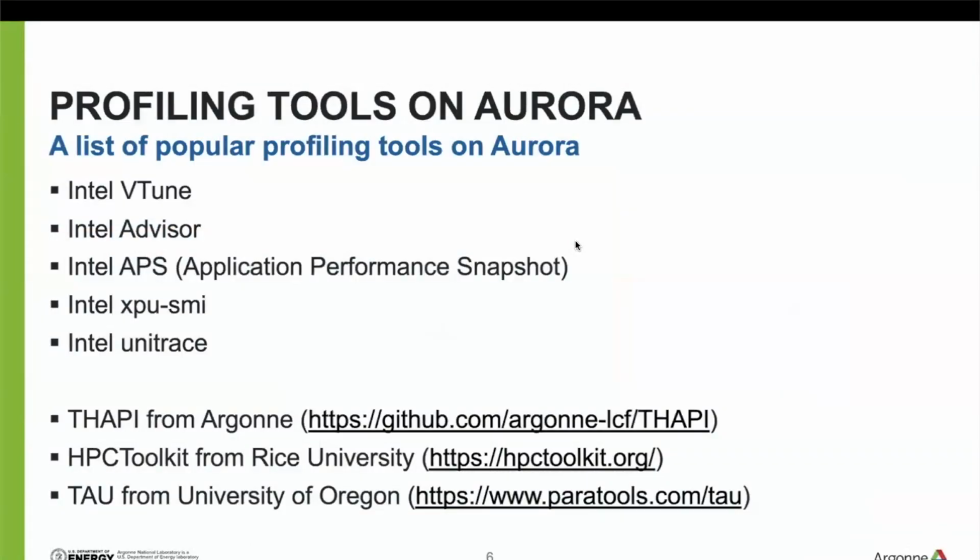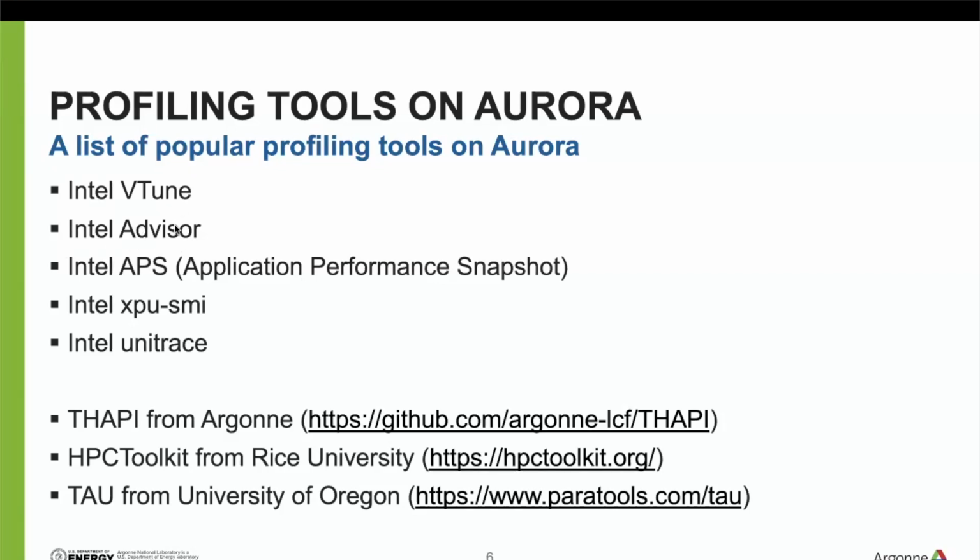This is a list of the popular profiling tools on Aurora. I may miss something, but these are the most popular. Again, Aurora has Intel CPUs and Intel GPUs. Because of that, Intel's tools are our primary tools to measure performance and optimize code. So Intel VTune and Intel Advisor are available.